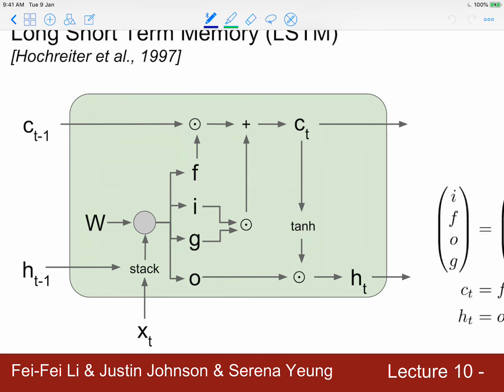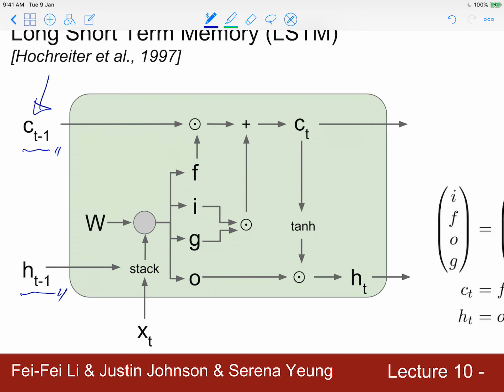Here we have two different sets of hidden state vectors. One is just h_t or h_{t-1}, and the other is called the cell state, which is internally kept in our LSTM module. You can just think of it as another version of h_t or h_{t-1}.